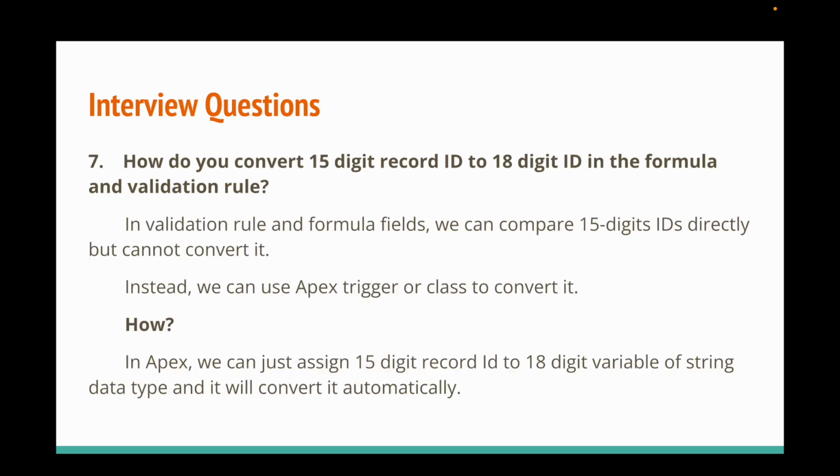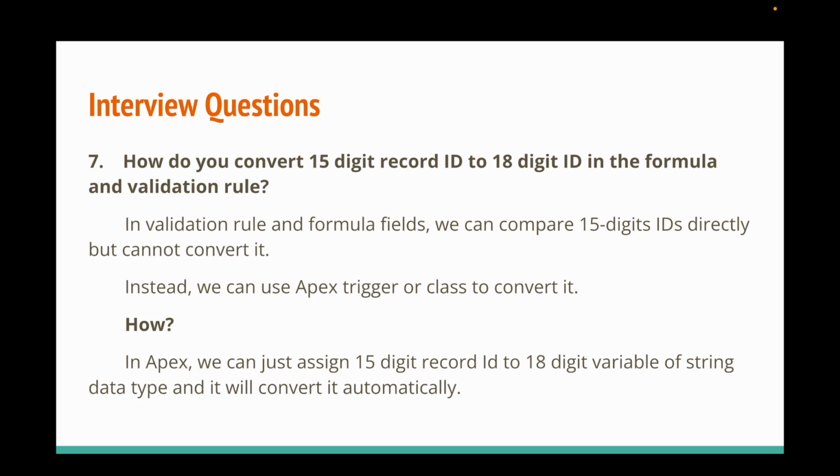The next question, how do you convert a 15-digit record ID to an 18-digit record ID in a formula and validation rule? In the case of validation rules and formula fields, we can compare the 15-digit IDs directly, but we cannot convert them. We can use an Apex trigger or class to convert the record ID from 15 to 18 digits.